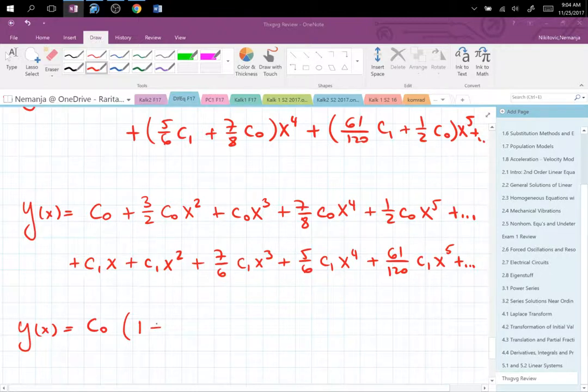1 plus 3/2 x squared plus x cubed plus 7/8 x to the 4th plus 1/2 x to the 5.